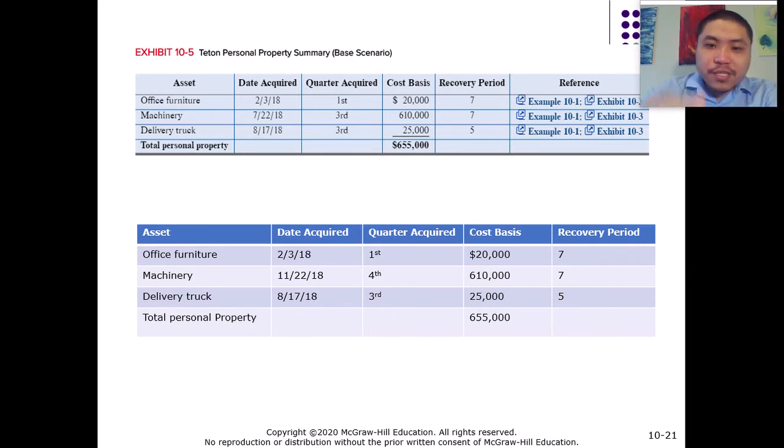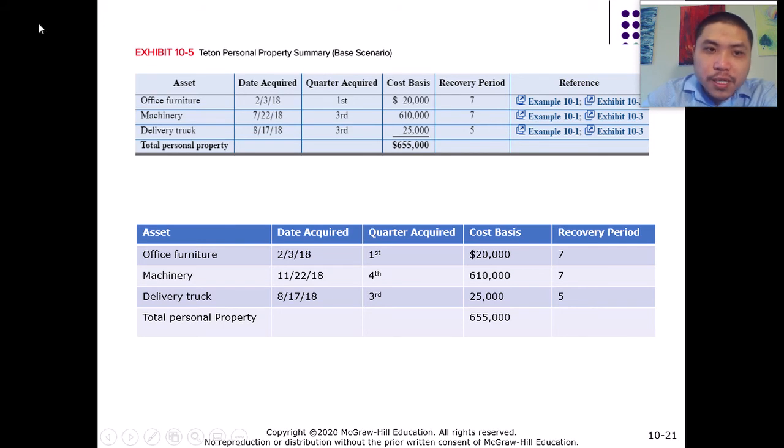Let's try to determine whether in each of these scenarios we need to apply the half-year convention or the mid-quarter convention, right? For the first scenario, there are three assets that this company put into service.